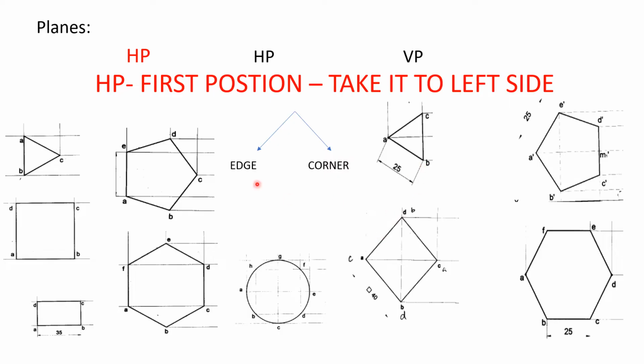Resting on edge: one of the edges should be perpendicular. Corner condition: either the median, bisector, diagonal or diameter should be parallel to the XY line.